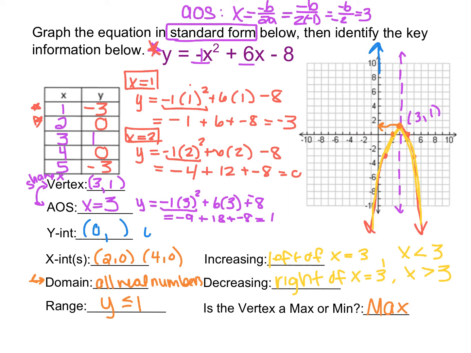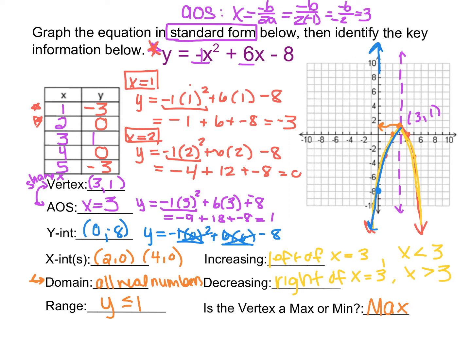So all we need to do here is take our function and set x equal to 0. And luckily in standard form, this is pretty simple because we have 0 squared and 6 times 0 here, and those terms all become 0, and we're left with a negative 8.